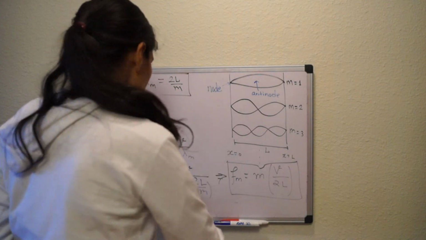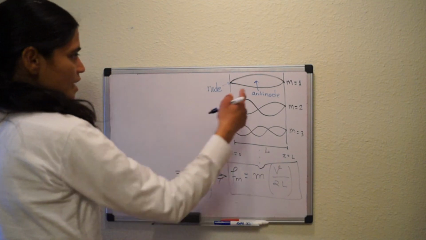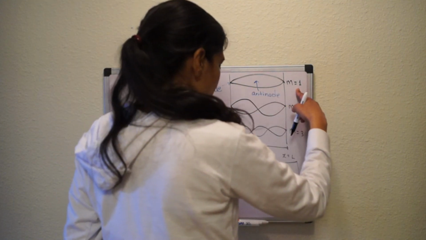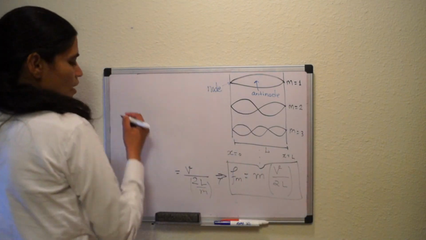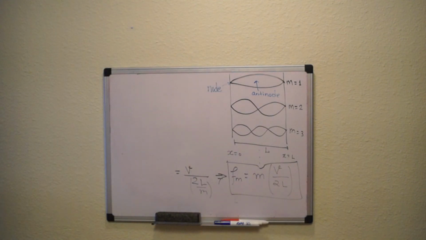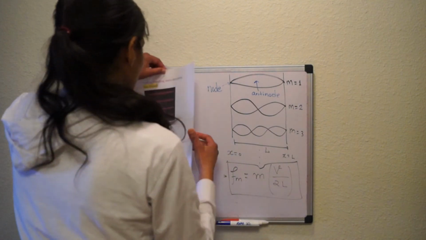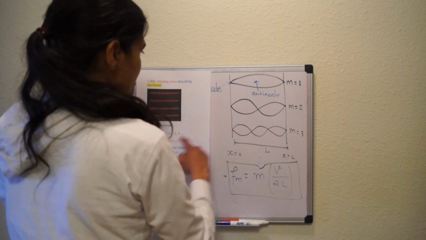Okay, so for the frequency there is a special name. The frequency associated with m equal to 1 is called the fundamental frequency. Let me show you guys this. I got a pretty picture here, that's my drawing.